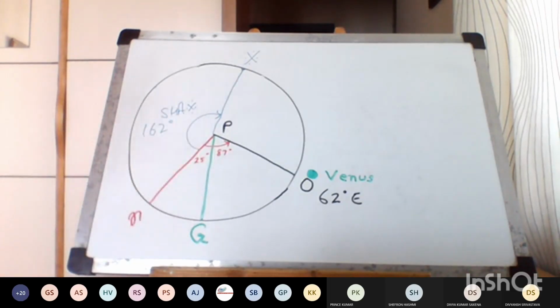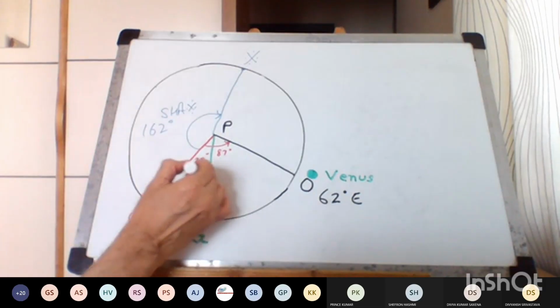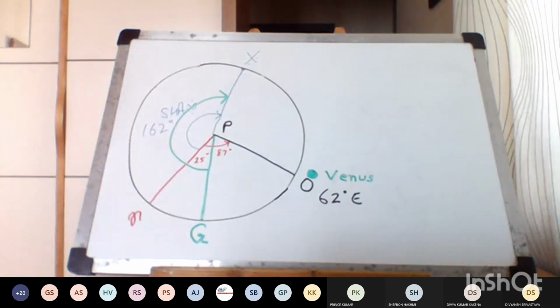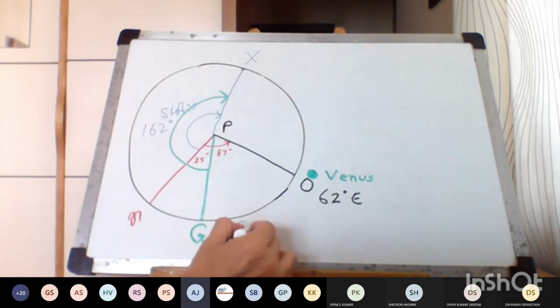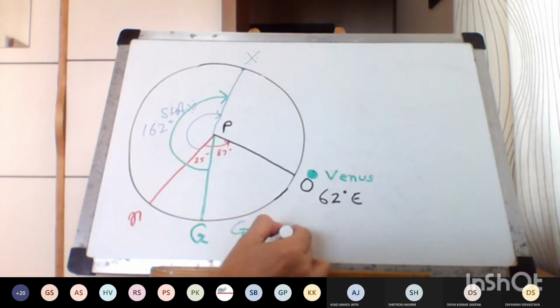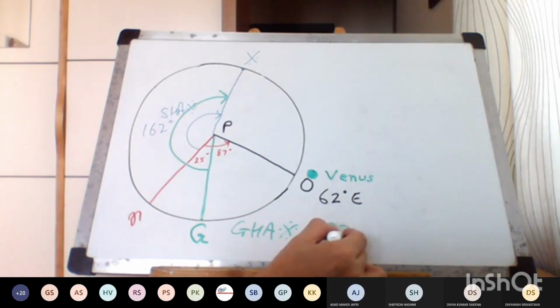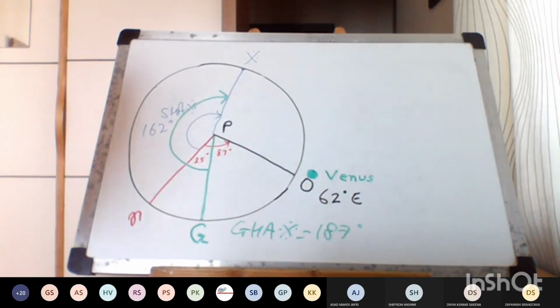What do we have to find out finally? We have to find GHA star. So what is GHA star? 187 degrees. GHA star is equal to 187 degrees. Very good.